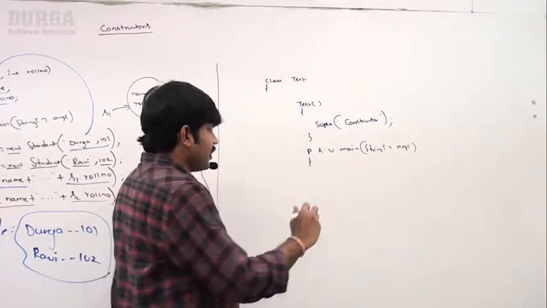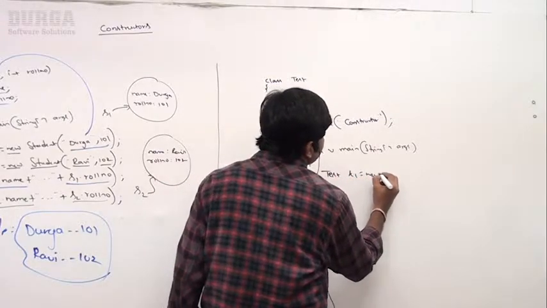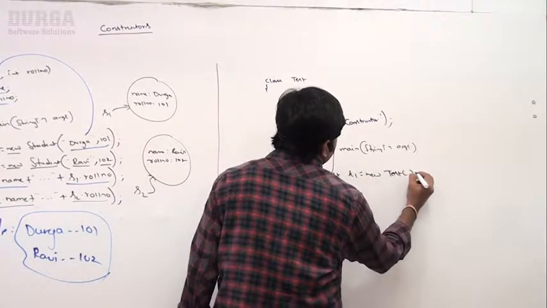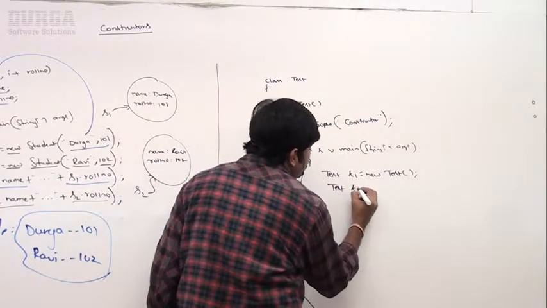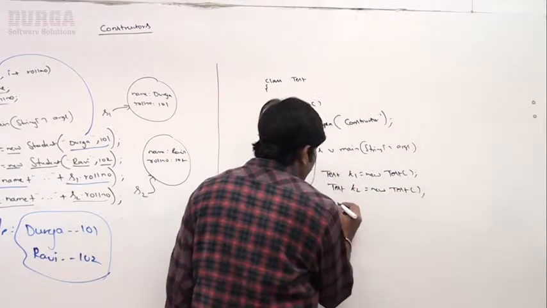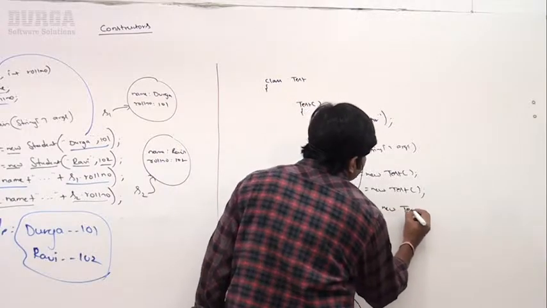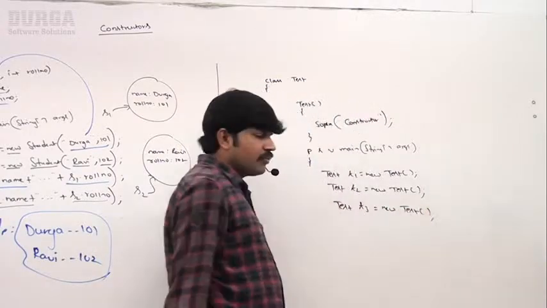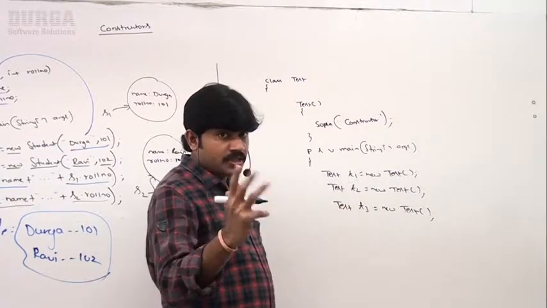Take very special care. I'm taking Tester t1 = new Tester(); Tester t2 = new Tester(); Tester t3 = new Tester(). Can you please observe how many objects we created? 3 objects.